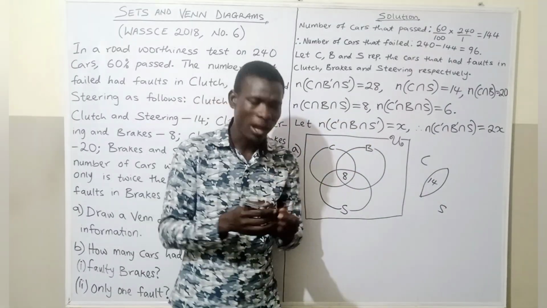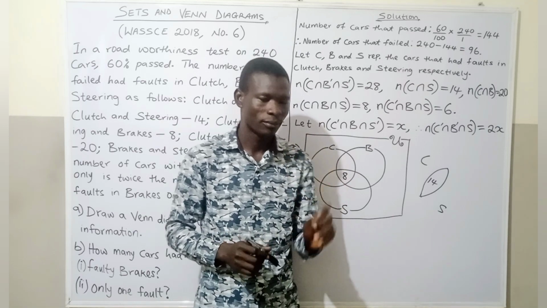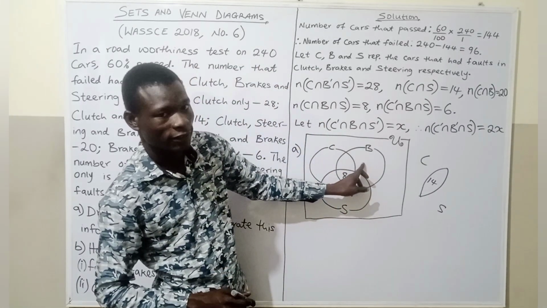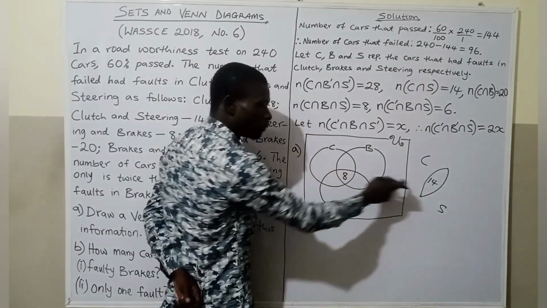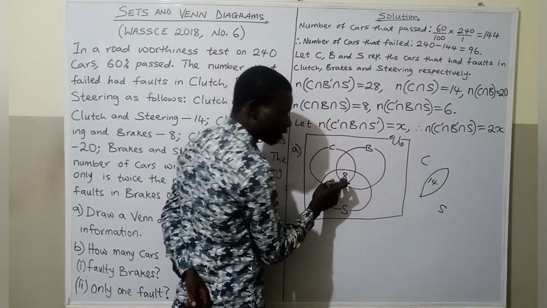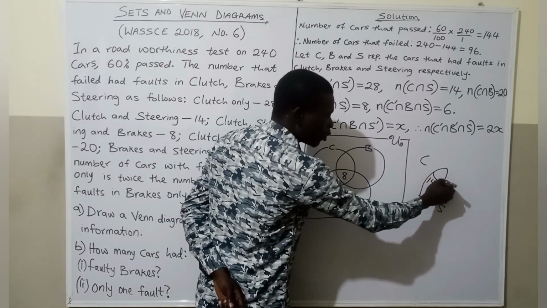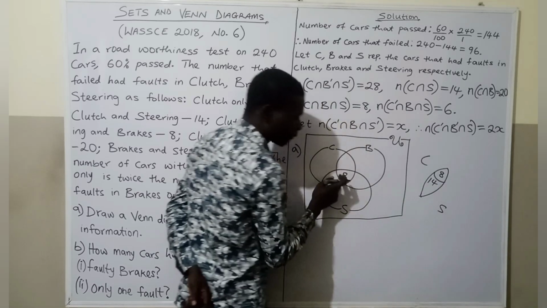But if we are going to say clutch and steering only, it means that it's not going to include brakes. Because this one is clutch and steering, we know that it already includes the one of brakes. When we want clutch and steering only, so that it will not include brakes, this 8 has to be cut off.